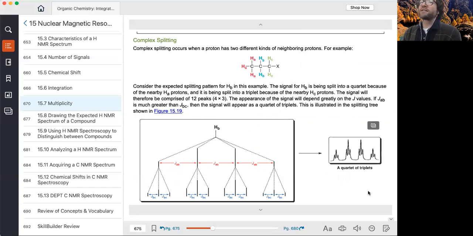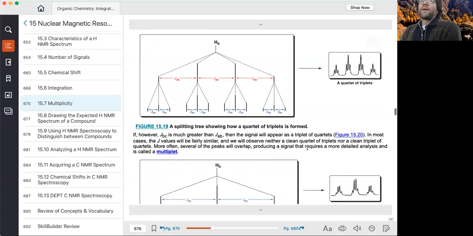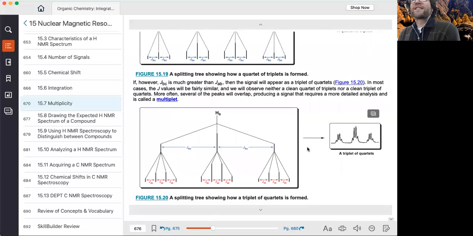And that's because each individual peak is split in a very complex way, which is why it's called complex splitting. Now, it's difficult to talk about complex splitting because it also depends on the quality of spectrometer that you're using.